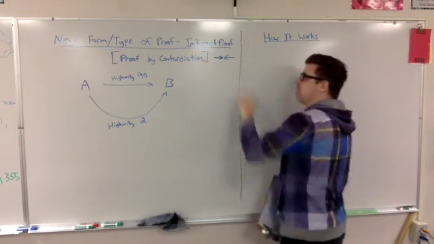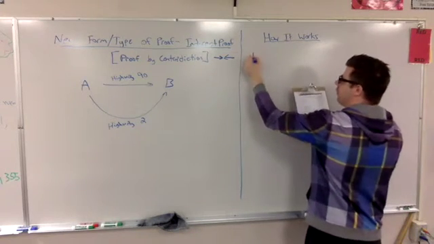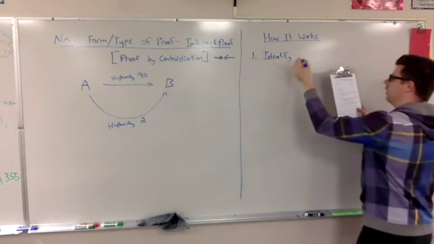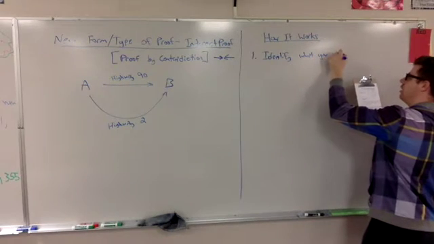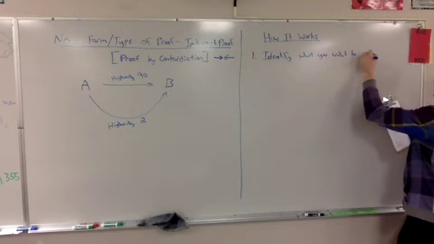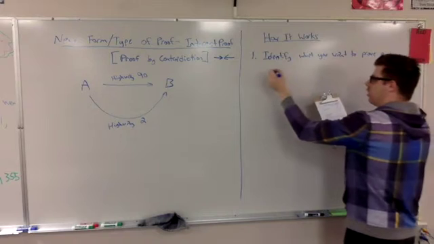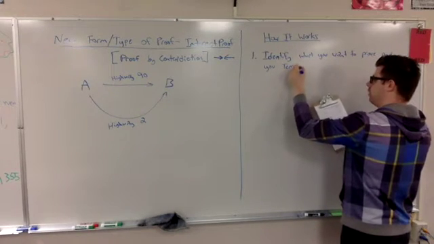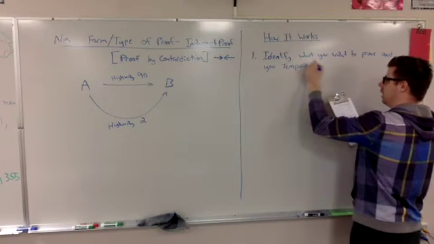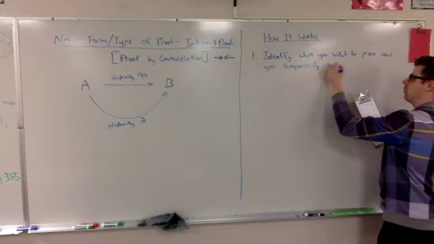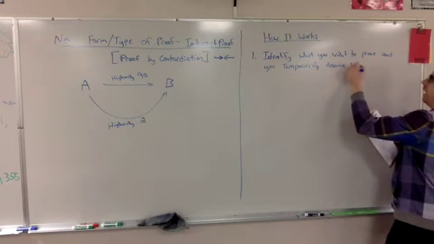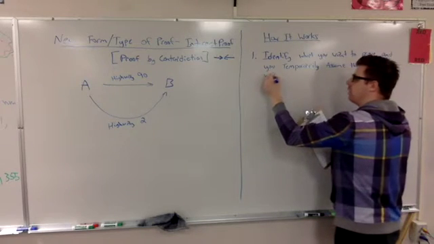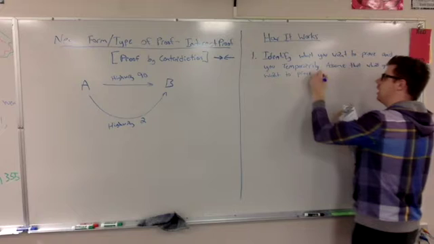Proof by contradiction, or simply the indirect proof. The first thing you do is identify what you want to prove, and temporarily assume that what you want to prove is false.